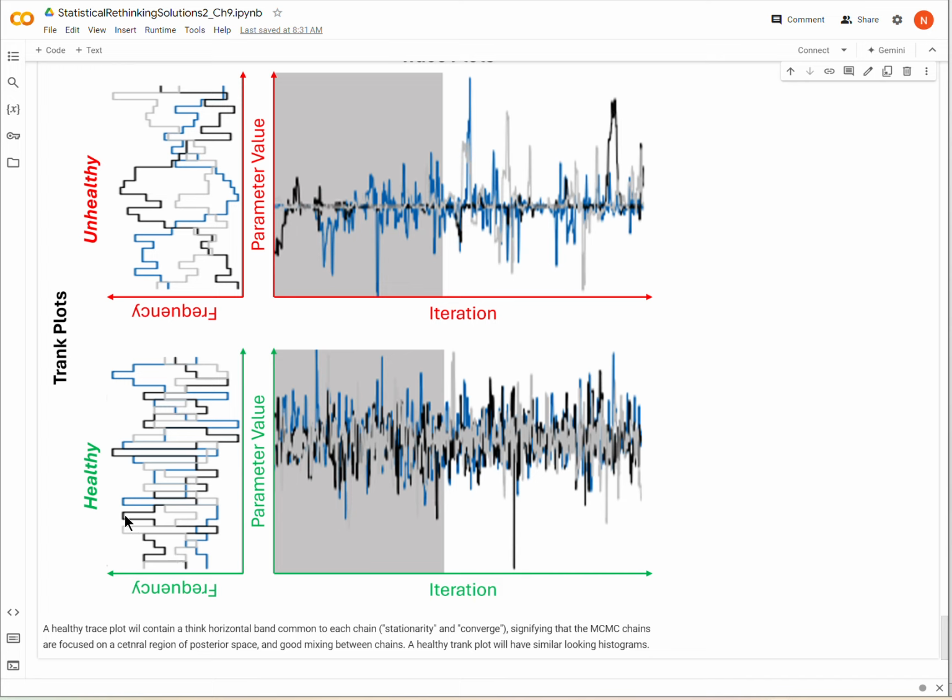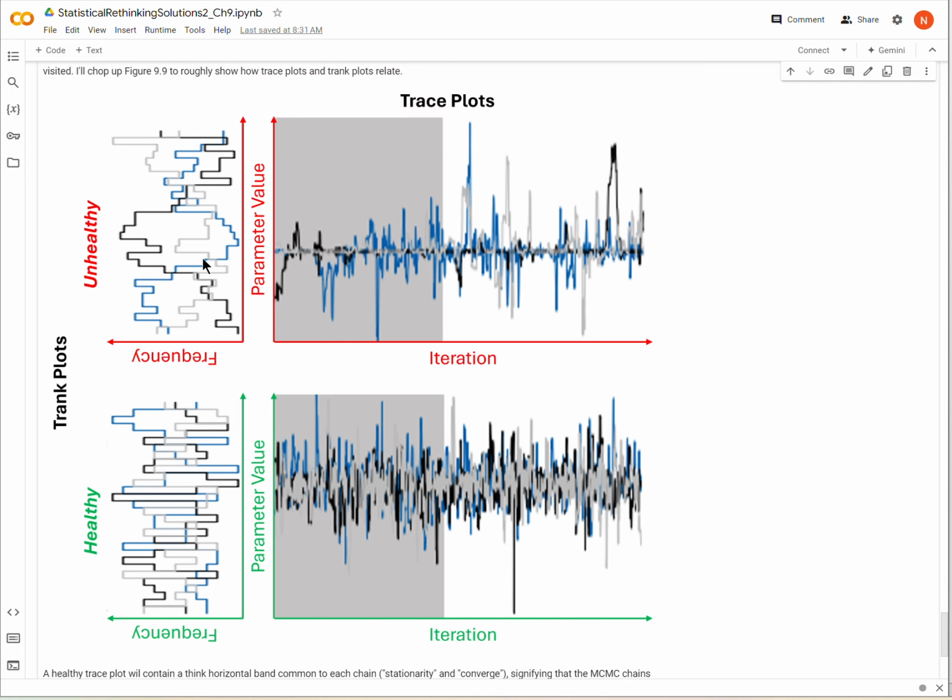That does not mean they should completely overlay one another. But you notice here, for instance, there's a region of high probability in posterior space, because we have 3 chains here and they're all peaking around the same area. And similarly, here's an area of low frequency, of low probability in parameter space.